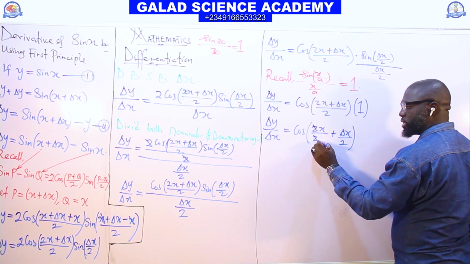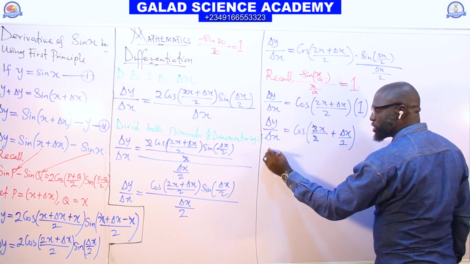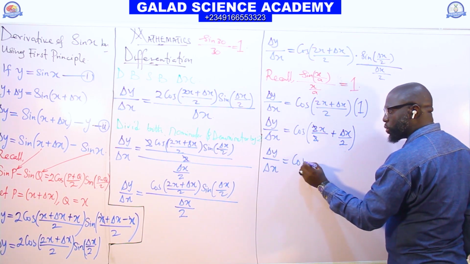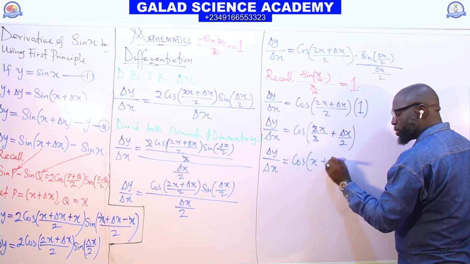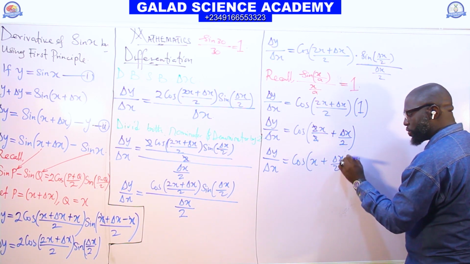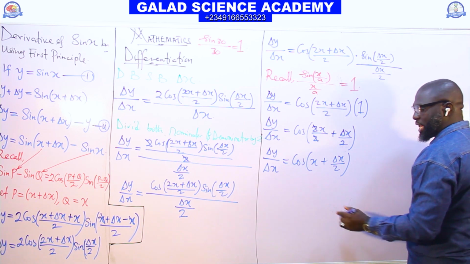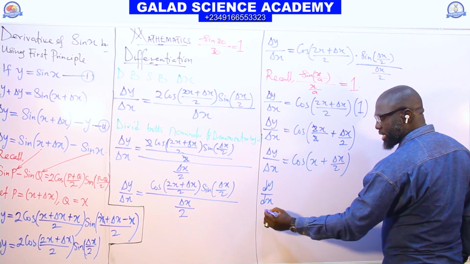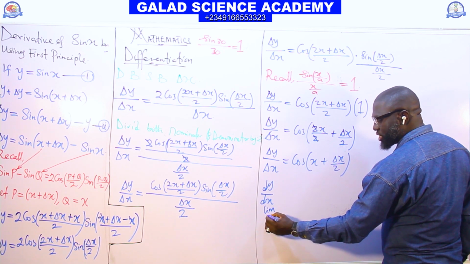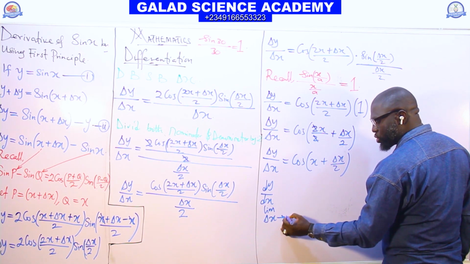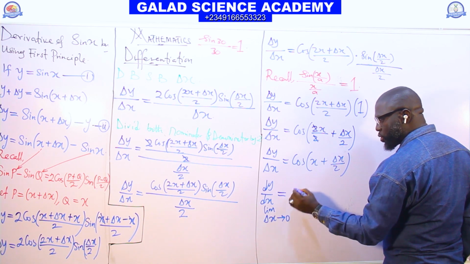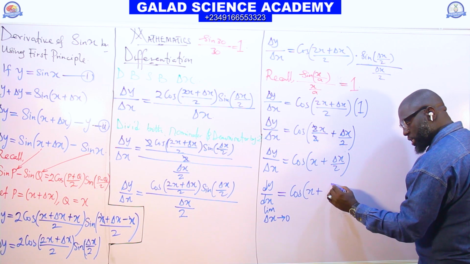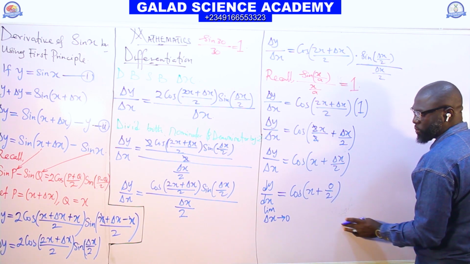So this cancels this. We are left with change in y over change in x equal to cos x plus change in x over 2. You can now say dy over dx, the limit as change in x tends to 0, is equal to cos x plus 0 over 2.